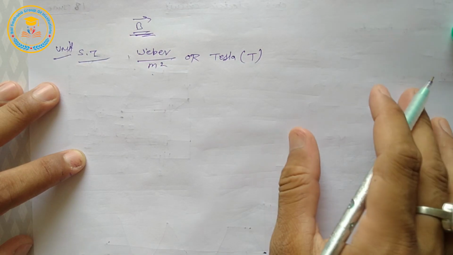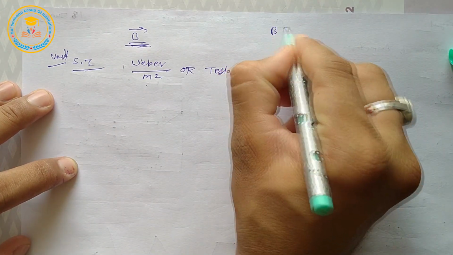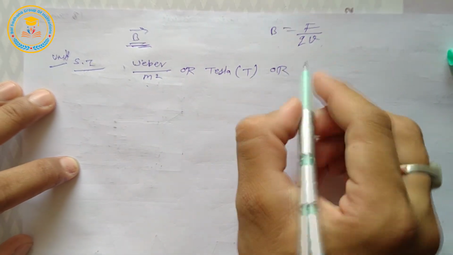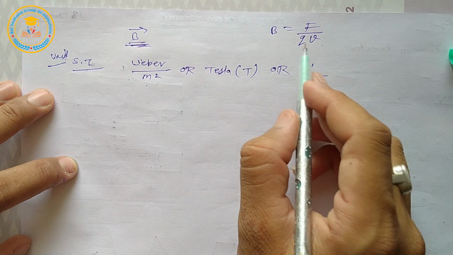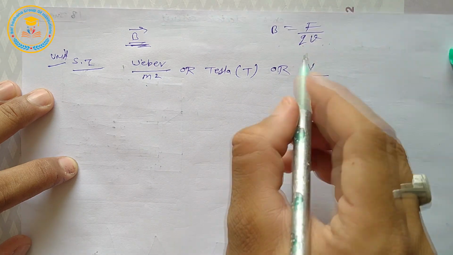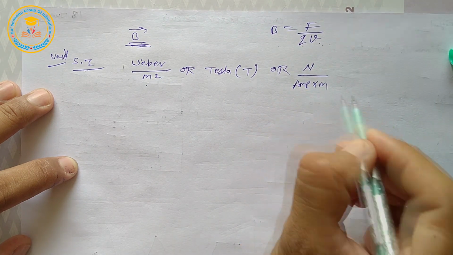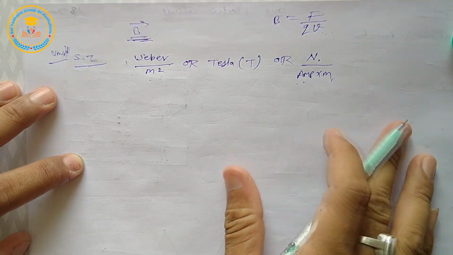Tesla is represented by capital T. Or according to this formula, B is equal to F upon q into v. According to this formula, unit of F is Newton, and here coulomb into meter per second. So coulomb per second is equal to ampere, and meter. So another unit is Newton per ampere into meter.